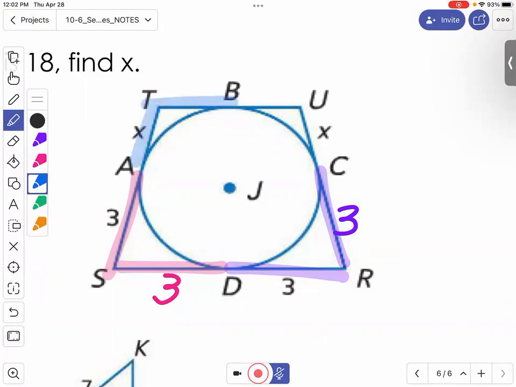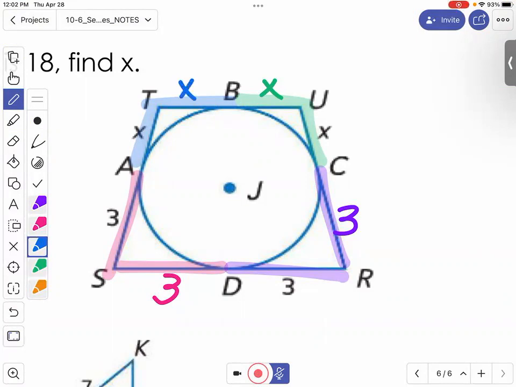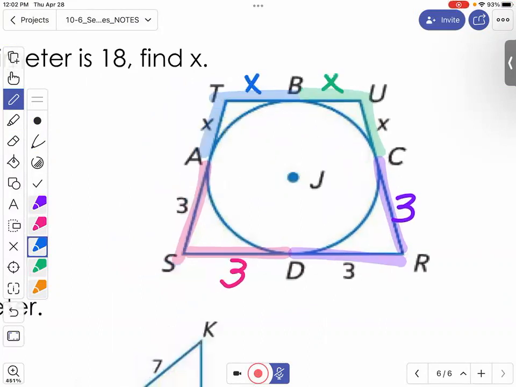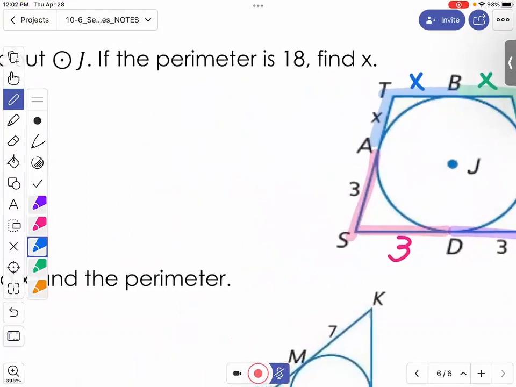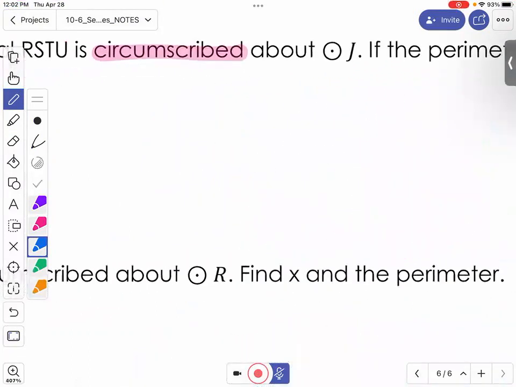AT and BT are going to have to be congruent, and BU and CU are going to have to be congruent. So if CU is X, so is BU. If AT is X, so is BT. So now we've got all of our pieces. Let's set up our equation. It tells me the perimeter is 18.